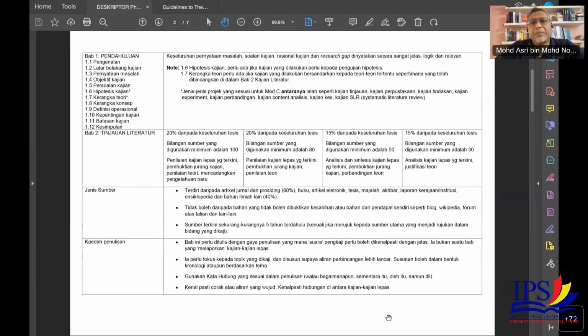Okay. And of course, you shouldn't be using materials whose authenticity you will not be able to ascertain. Okay. Materials that you don't know who has prepared, or materials you don't know who has written.